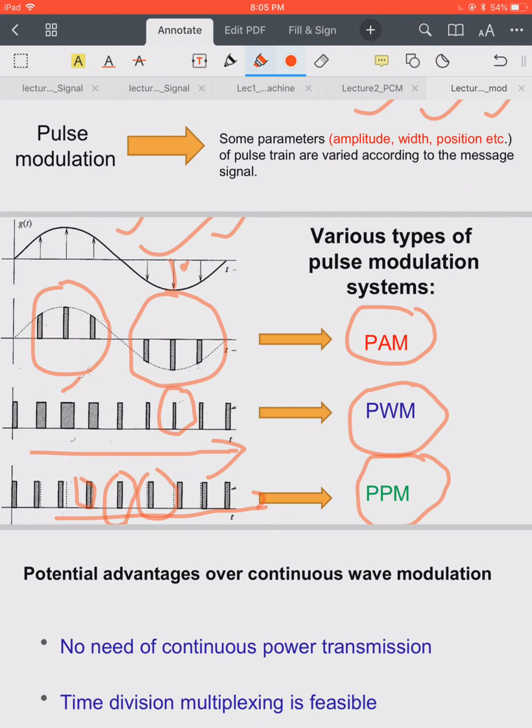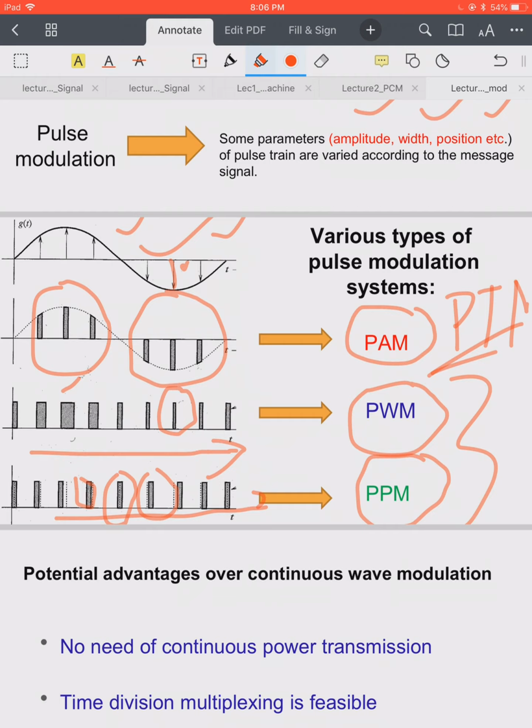This PWM and PPM together are also called pulse time modulation, PTM. PWM and PPM are the subclasses of PTM, pulse time modulation. So these are some basic definitions, that is, basic types of pulse modulation systems.